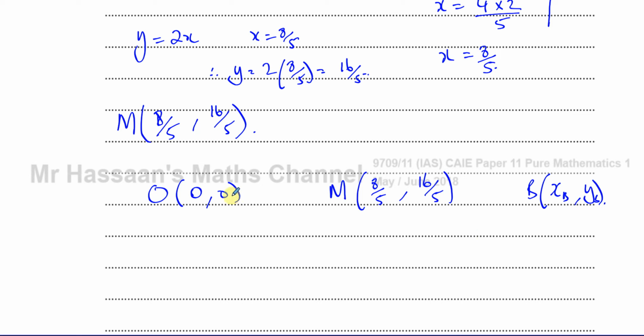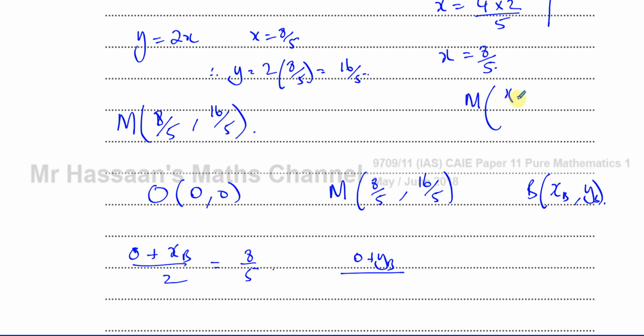Basically, we know that this is the average of the x coordinates. So I can say that 0 plus xb divided by 2 is going to be 8 over 5. And for the y coordinates, I can say that 0 plus yb, the midpoint is the average of the x coordinates.